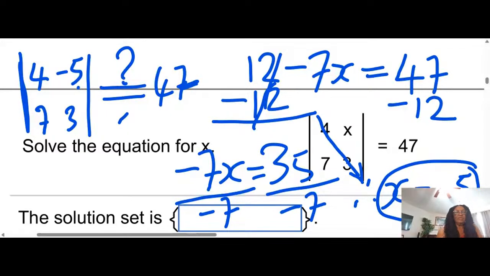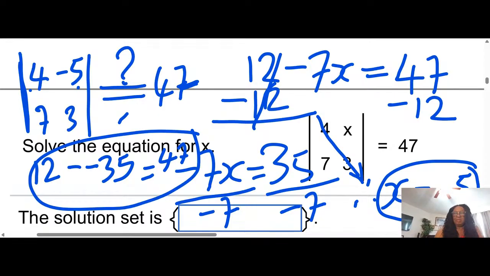Okay, so 4 times 3 is 12, minus 7 times minus 5, because it has to be negative. So 7 times 5 is 35, but I have minus in there, so this is plus 35. So I do have 12 plus 35, which is equal to 47.